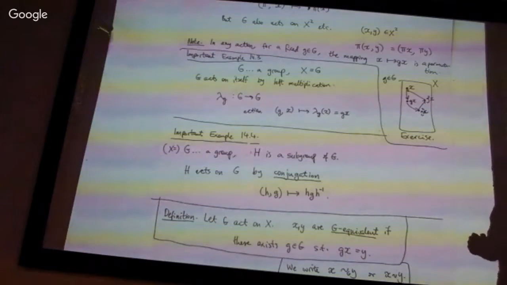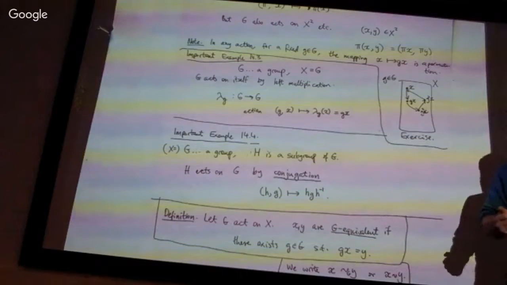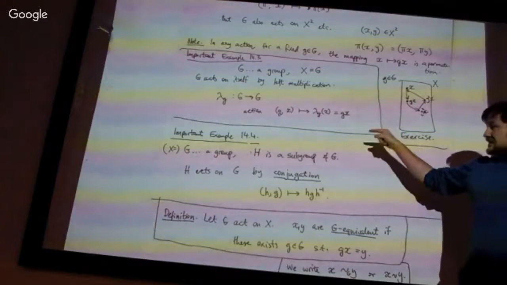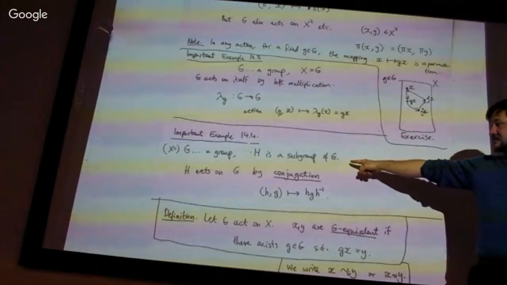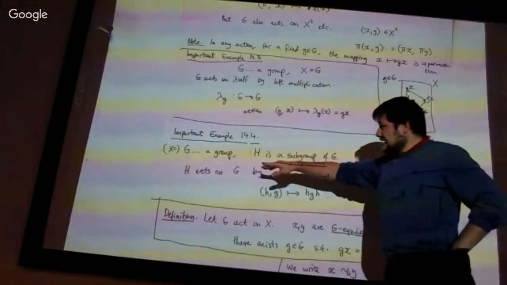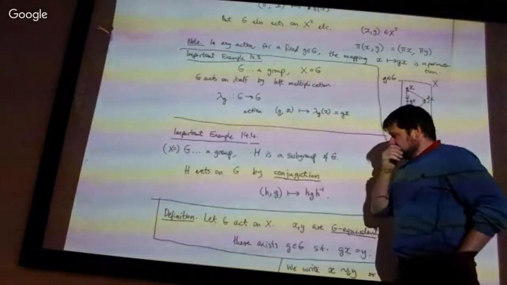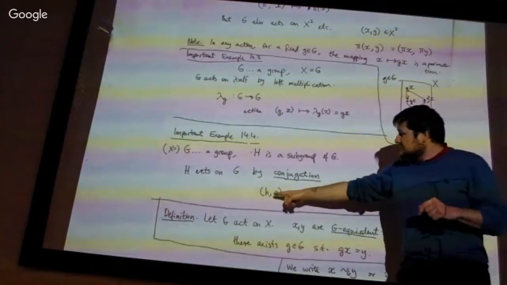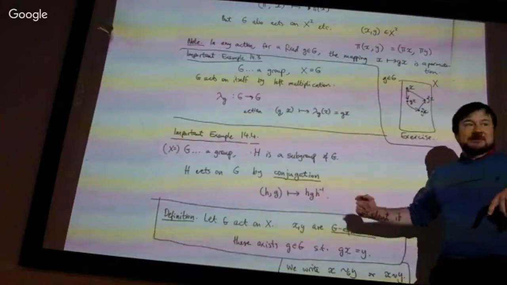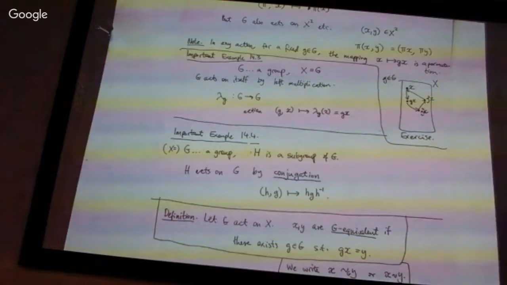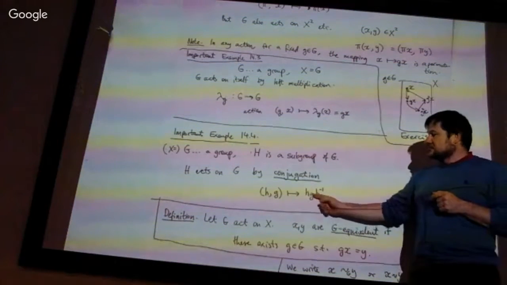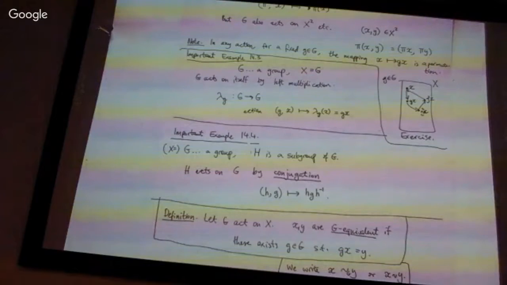Trivial to check. And then another one is where you take a subgroup of the group and that acts on the whole group by conjugation. So X is the whole group, you pick a subgroup, and every element of the subgroup acts on G like this. And now this is the product in the group action, written down.